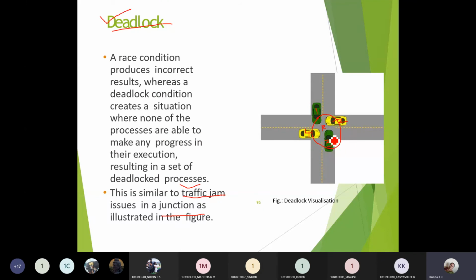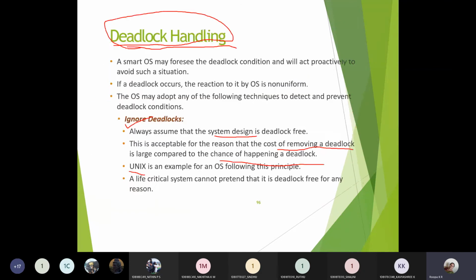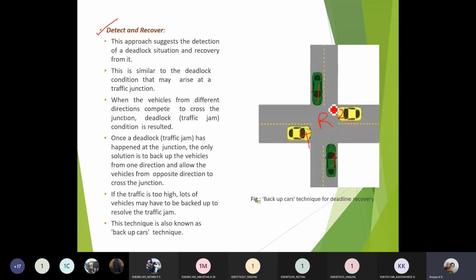So these processes should go back and wait for the resource. All the processes will go back so that the deadlock situation can be overcome to a certain level, but the resource is not allocated to any of the processes. The process should go back to the waiting stage instead of creating a deadlock situation here.